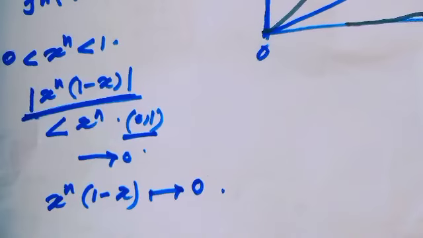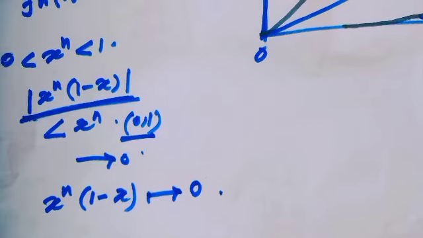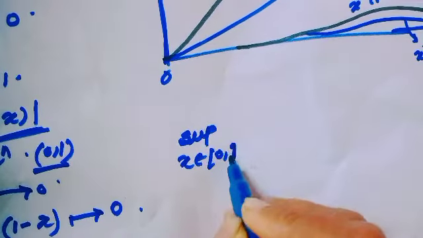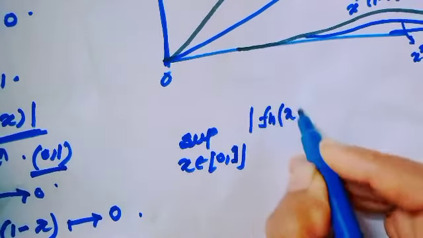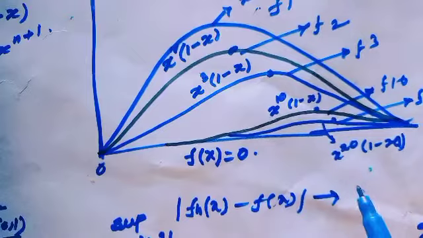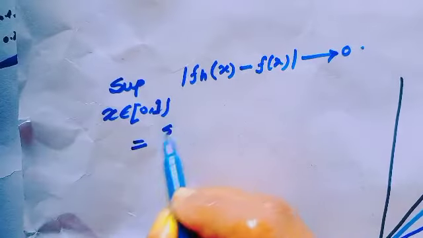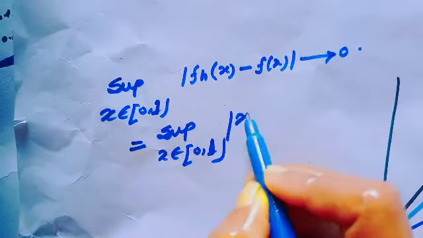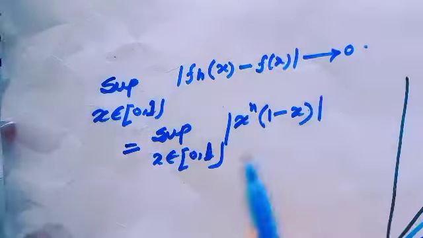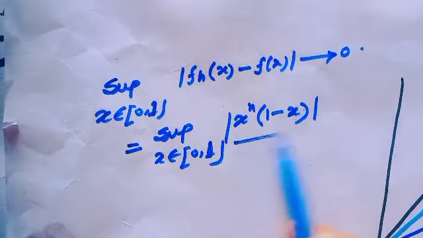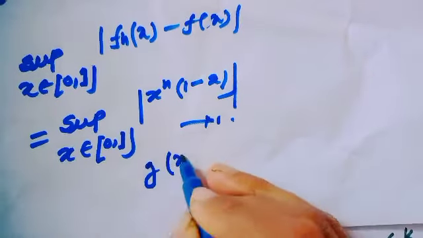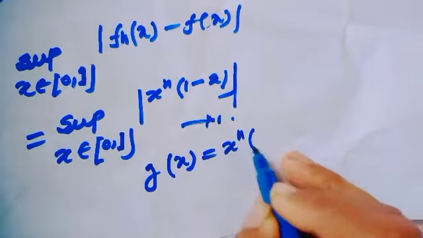Now we have to find whether this function is uniformly convergent. For this, we have to check whether the supremum over x belonging to the closed interval [0, 1] of |fn(x) minus f(x)| tends to 0. Putting in the value, this would be the supremum over x in [0, 1] of x to the power n times (1 minus x). For this, first consider the function g(x) equals x to the power n times (1 minus x).